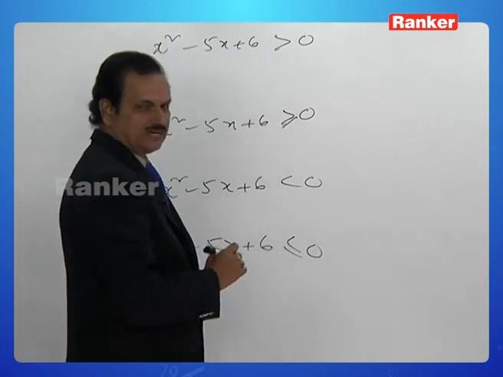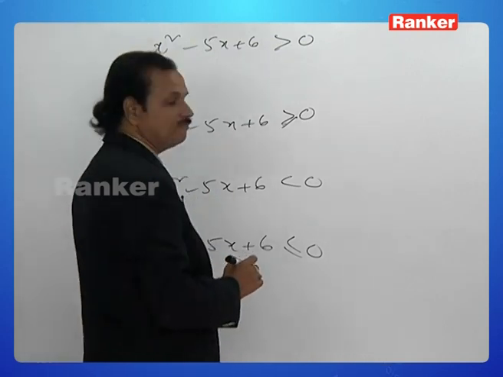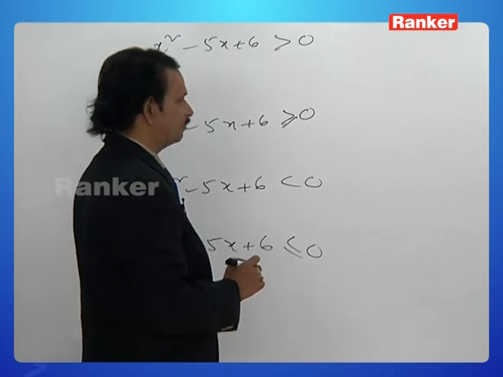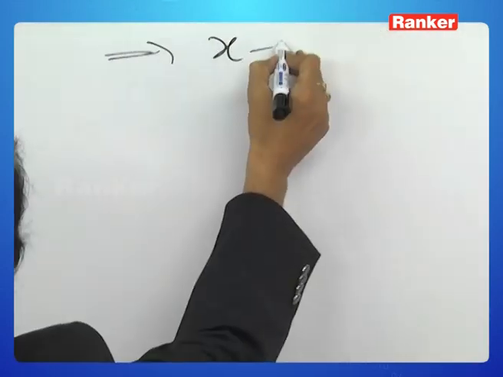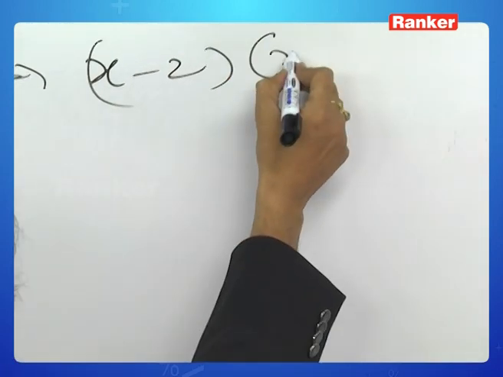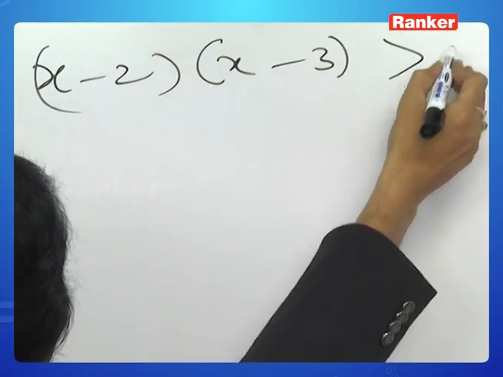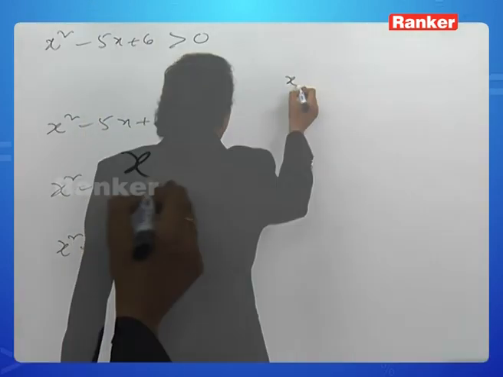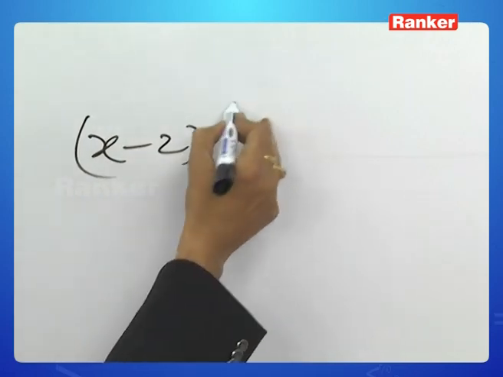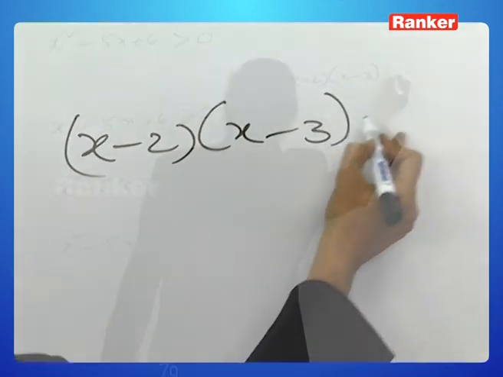To avoid confusion, I have taken the same quadratic expression in all these 4 problems. You can easily observe that the LHS can be factorized as x minus 2 into x minus 3. What are the roots here? 2 and 3.